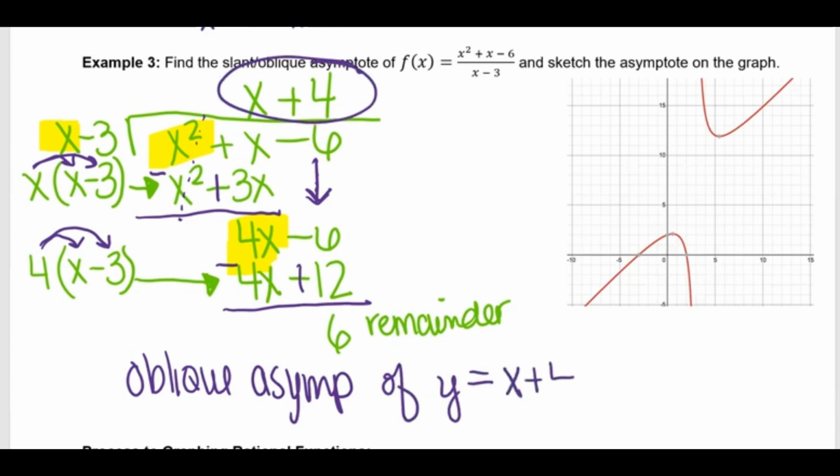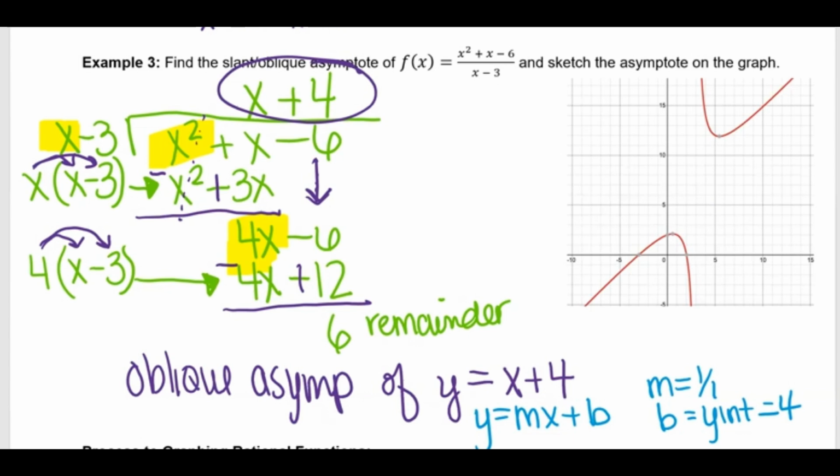X plus 4. Remember that this is in the form y equal to mx plus b. So when you need to graph this guy, you need a slope of 1 over 1, and b is our y-intercept, which in this case is 4.